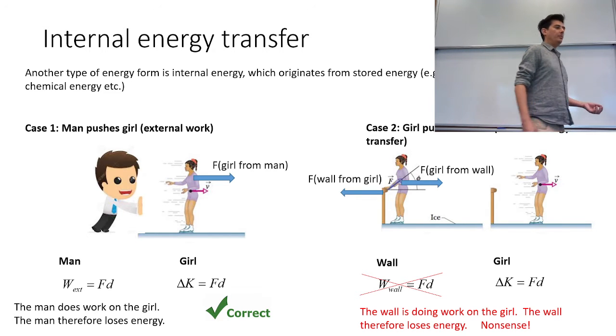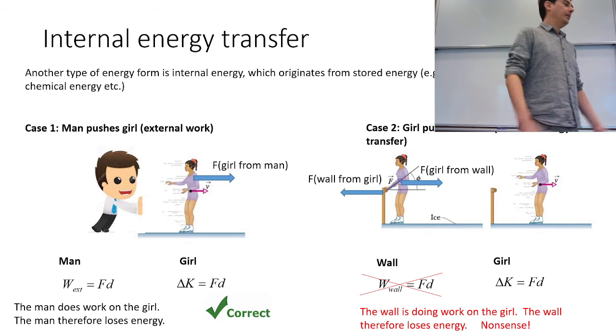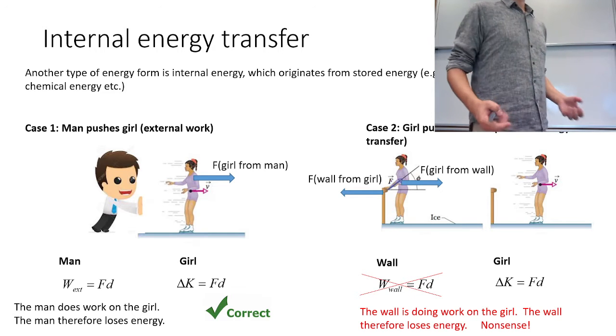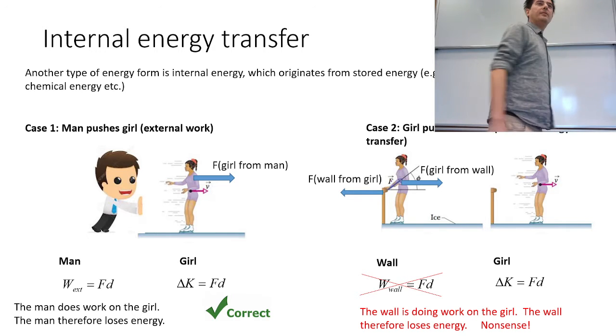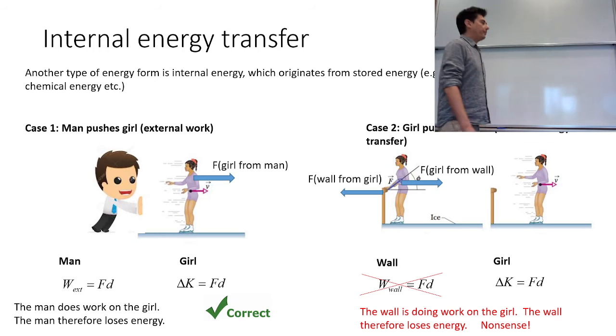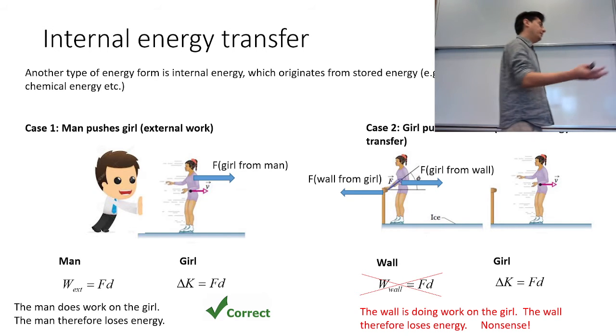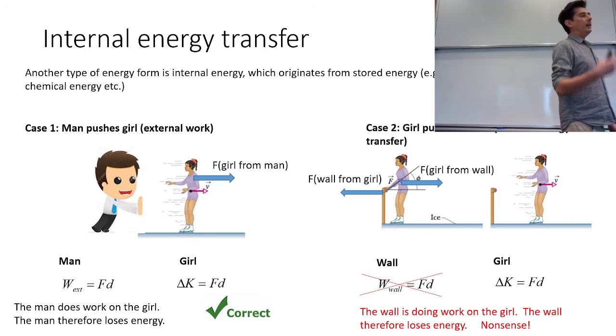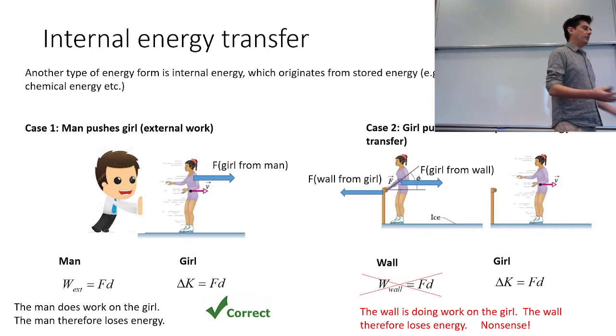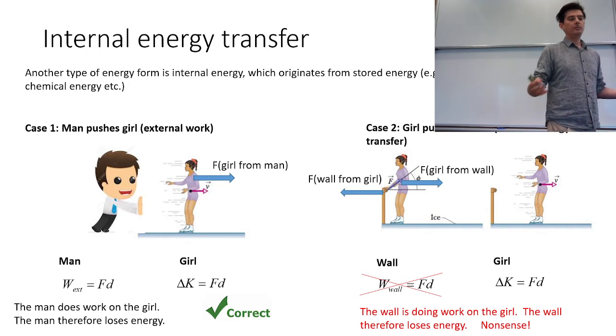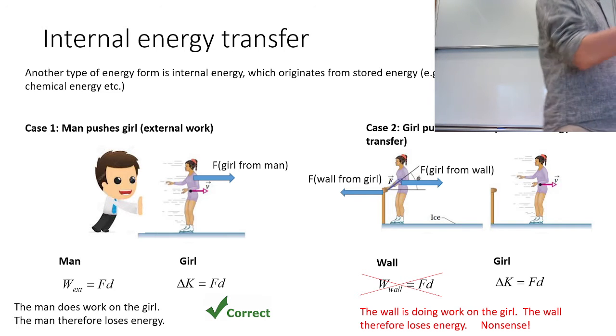For example, you have the ability to pick up and throw stuff, right? Where is that energy coming from? Obviously, it comes from the food that you ate, and the muscles in your body are ready to do work.